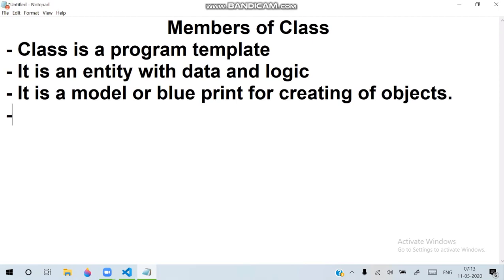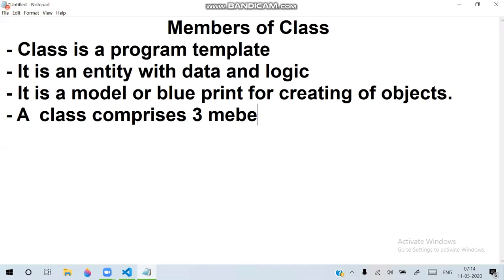So now the point is a class comprises three members.